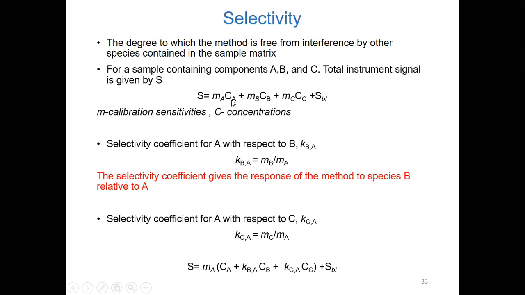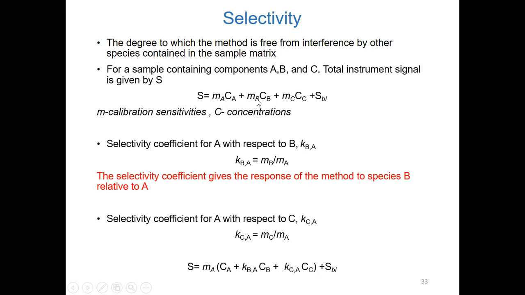So instead of M_A, we will not change it, that is the analyte slope and concentration. Instead of the slope of B, we can substitute the selectivity coefficient of B times M_A. M_A is common, therefore I took it here. K times M_A C_B, that is this one, right?